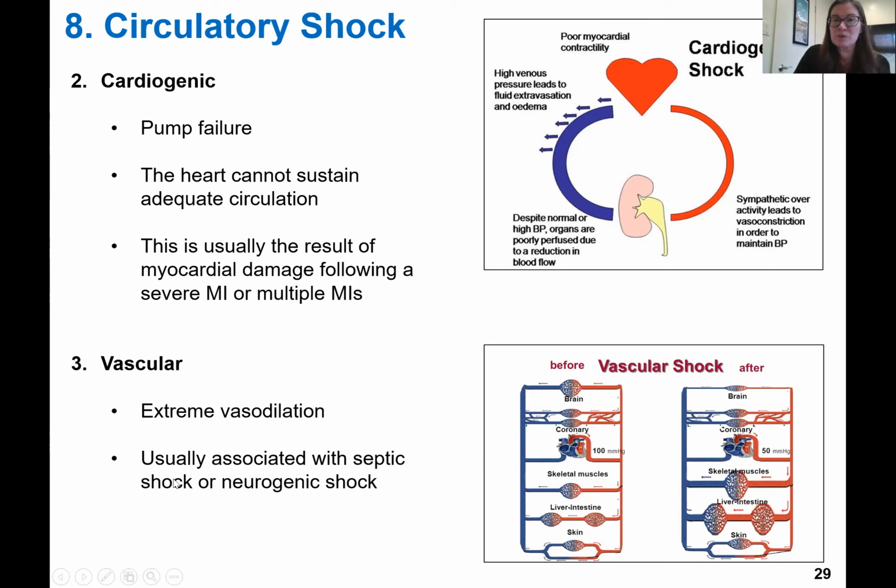So you can get this with septic shock or neurogenic shock. So damage to the brain or the nerves to where we're not sending out enough sympathetic stimulation, or septic shock where you've got some sort of problem with a disease state that's leading to extreme vasodilation in the tissues, which leads to poor blood pressure.